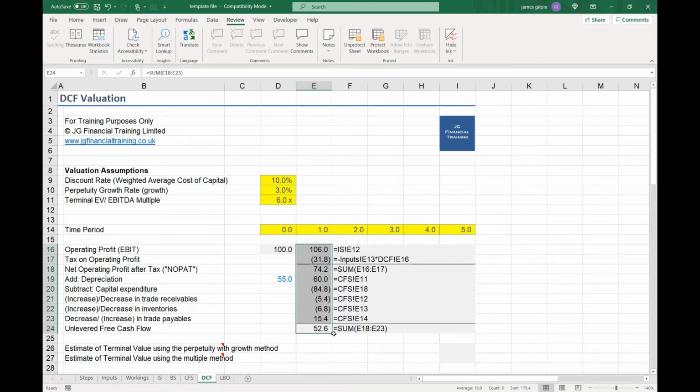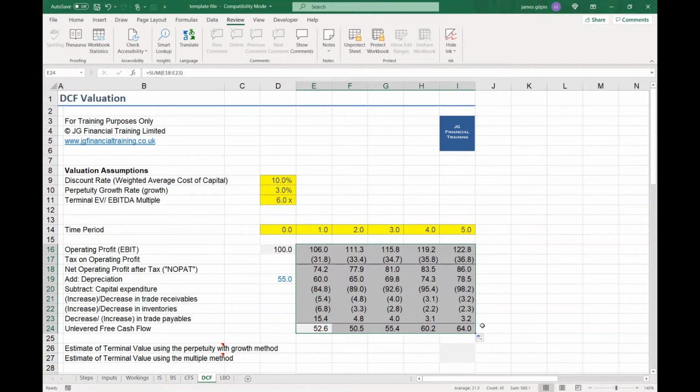So 52.6 is my unlevered free cash flow. Unlevered simply refers to not having any debt cash flows in there. It's just all operating cash flows. And I'm going to copy that across to year 5 to complete the forecast of the unlevered free cash flow. So that's step 1 done. The step 2, I've already put an assumption in for the weighted average cost of capital.